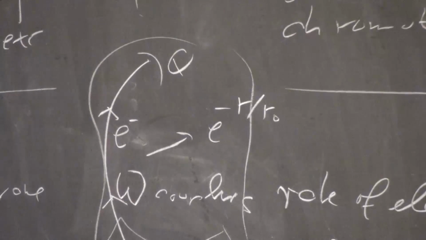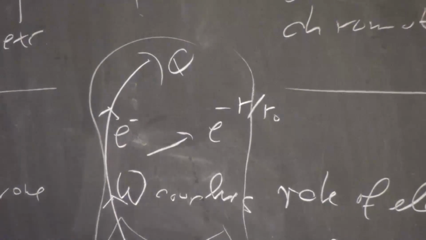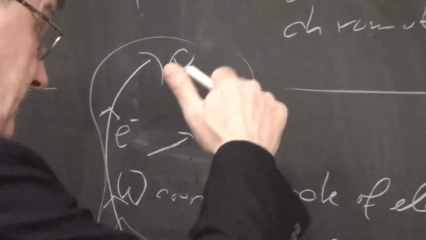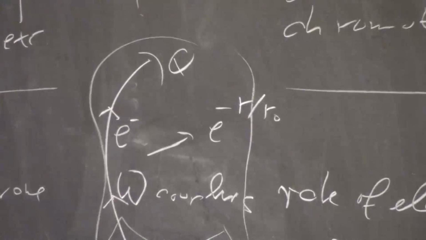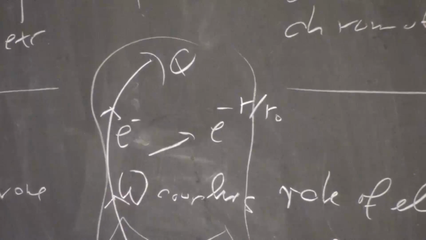The coupling W goes like 1 over r cubed, W squared goes like 1 over r to the 6. Here we go e to the minus r over r0, and then of course e to the minus 2r over r0 gives us the rate and how it depends on the distance.